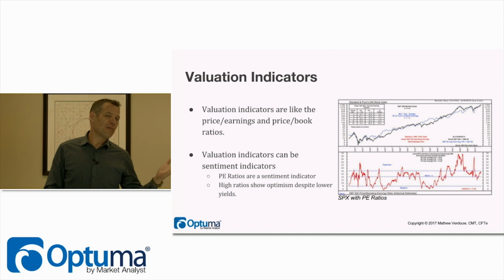But if the price remains high with low yields, it shows that there's a lot of optimism in the analysts, and they're keeping it on their books, or they're adding to their portfolios despite the high ratios there and the low yields. So that's a big part of what Ned Davis does, and the inputs into his models there is those PE ratios as well.